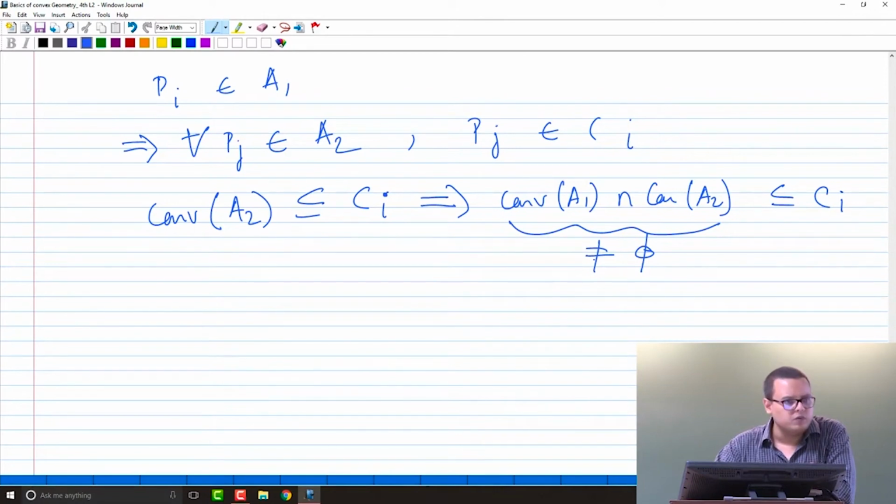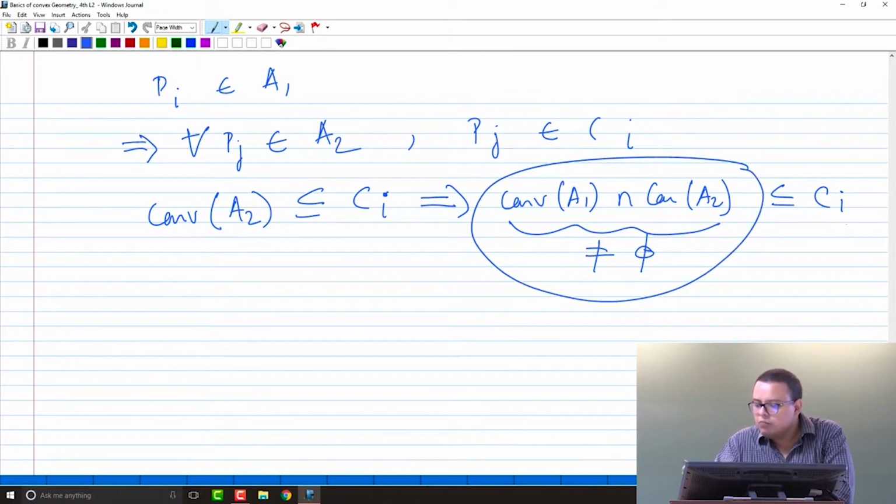So, what have we proved? This means this intersection is a subset of Ci. And this is true for, so I have taken an arbitrary Ci, and this means this intersection, convex hull of A1 intersection convex hull of A2, which is a non-empty set, belongs to all Ci for i equal to 1 to n.